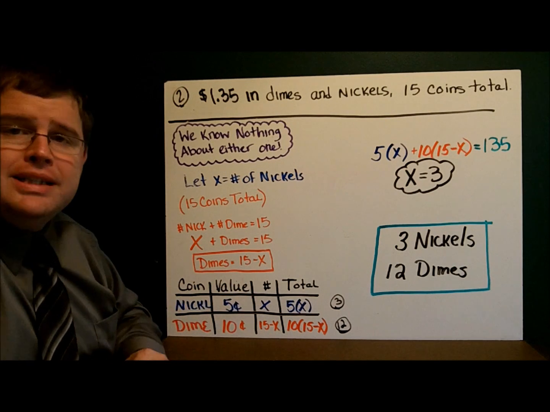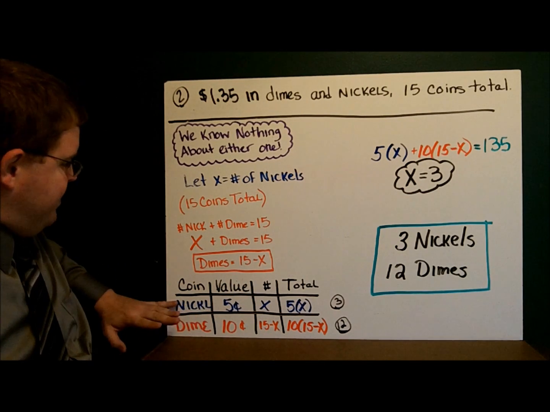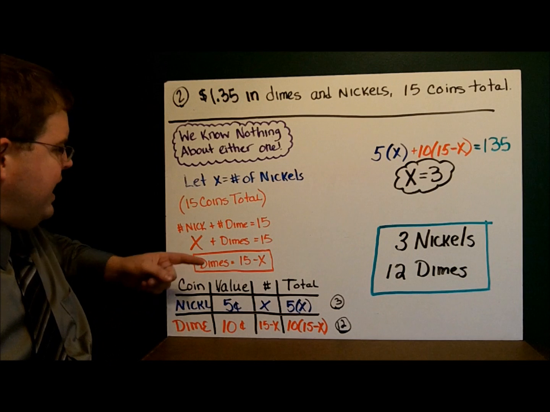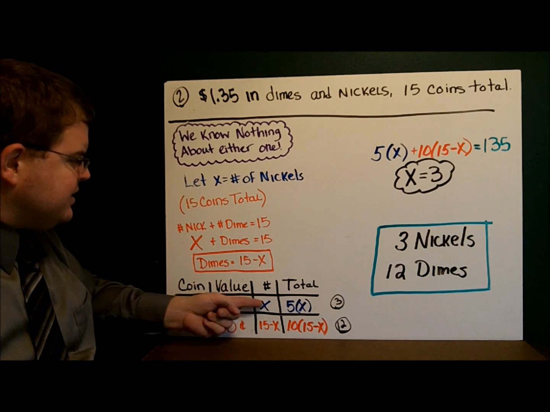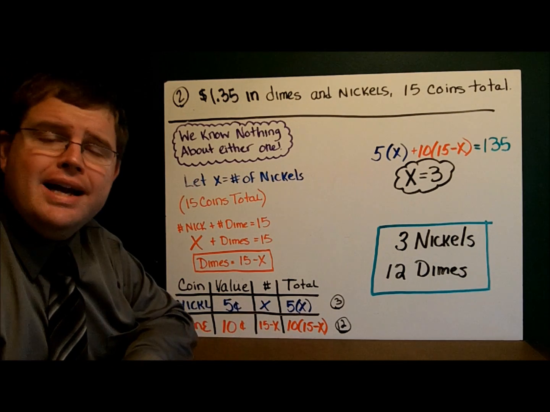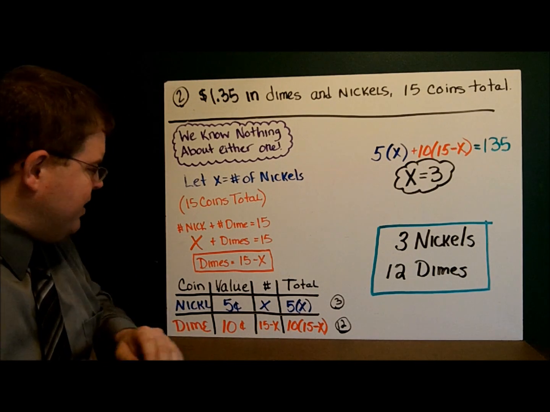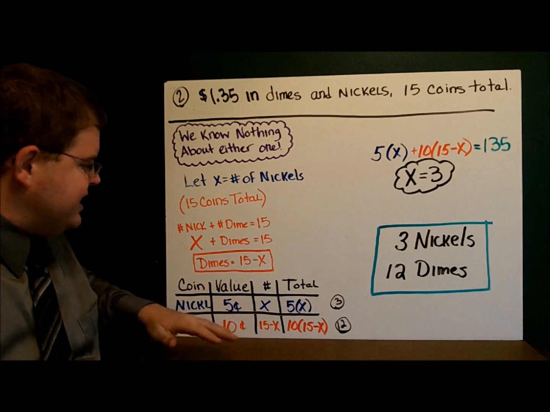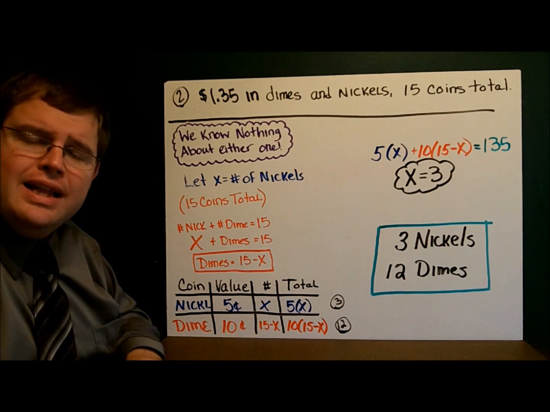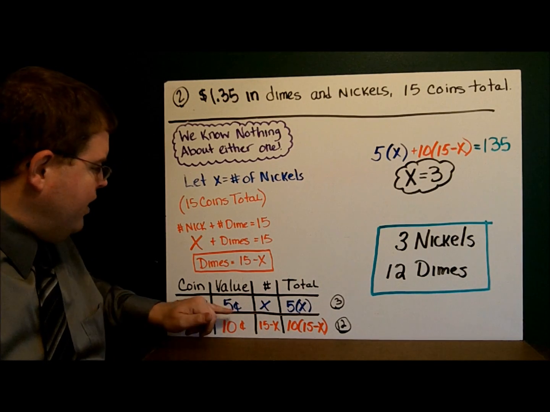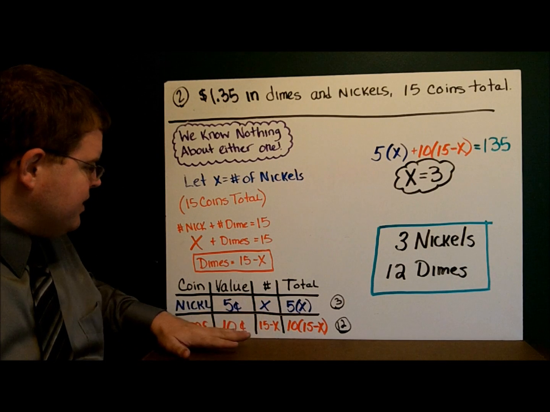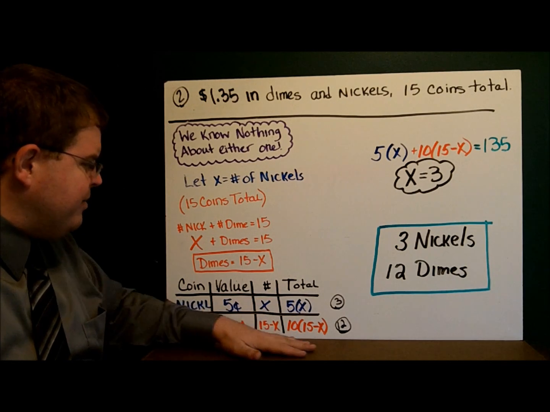So when I set up my table, I have nickels and dimes, and I have x nickels, 15 minus x dimes. And I'm just filling in my table. Nickels are 5 cents, dimes are 10 cents, and then I multiply like I did before. 5 times x, 10 times 15 minus x.